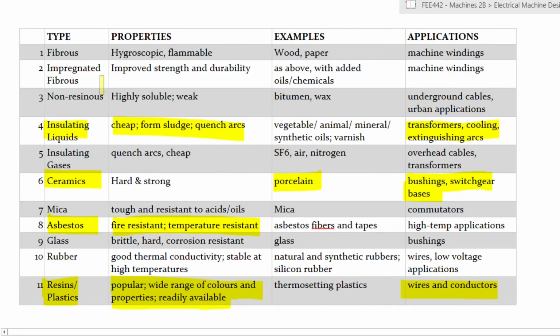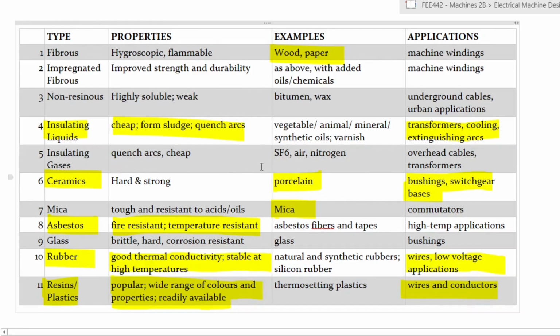Then you have various other cheap applications such as wood and paper, and things like mica, which were used in the past. Another good alternative are the rubber materials, which have good thermal conductivity and they are stable at high temperatures. So these are very reliable for wires in low voltage applications. So those are the main types of insulating materials that we make use of.